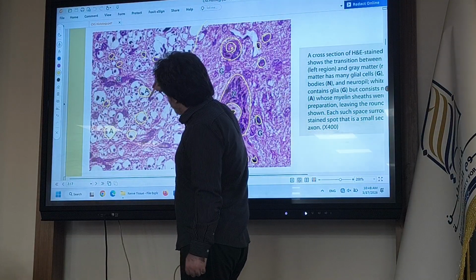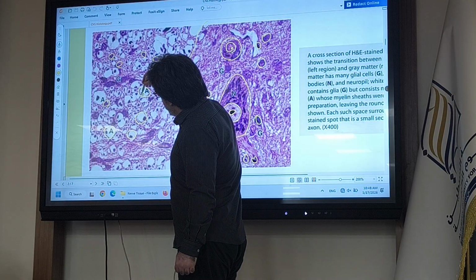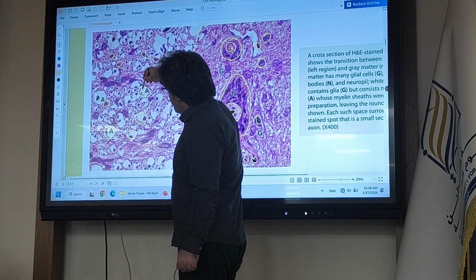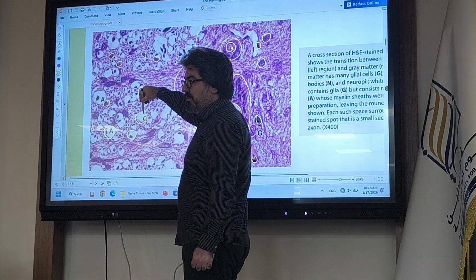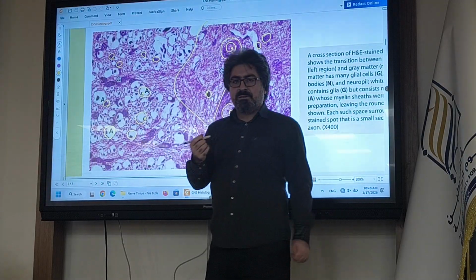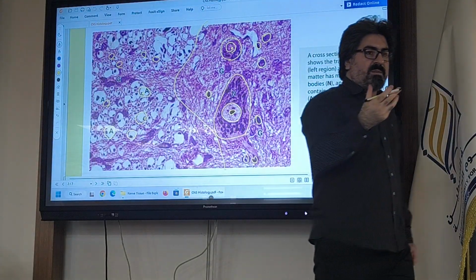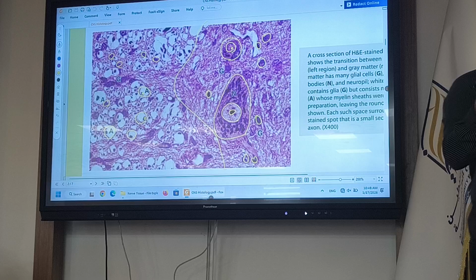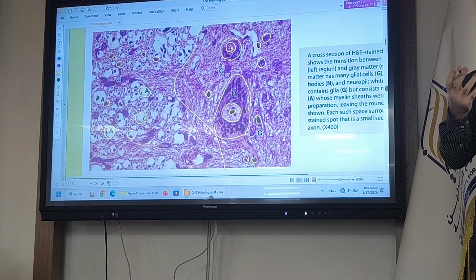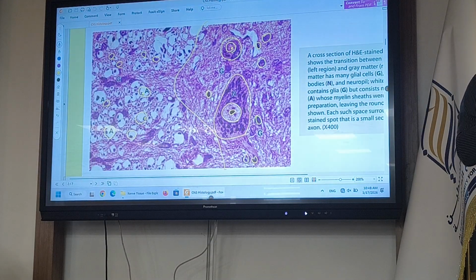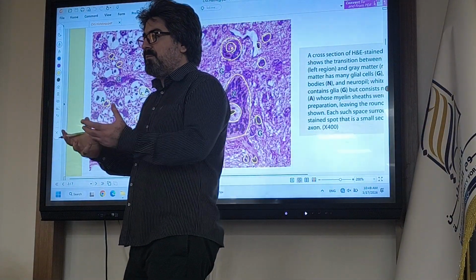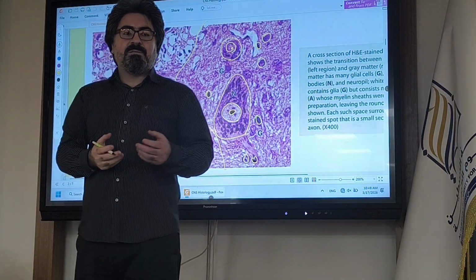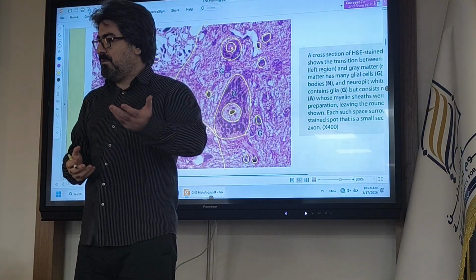Myelinated axon. This point here is the axon, and the white part, the empty part, is myelin. Myelin is mainly composed of what? Lipid and protein. During tissue preparation, lipid and protein dissolve in reagents, for example alcohol.